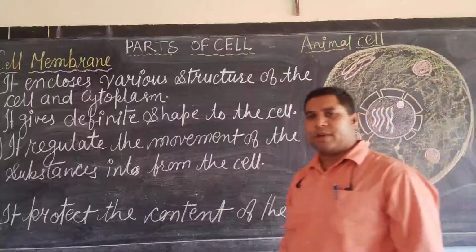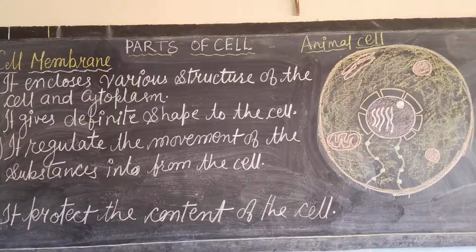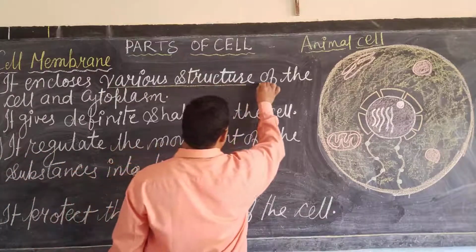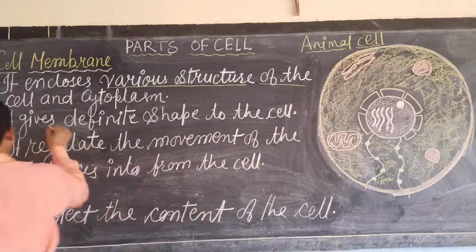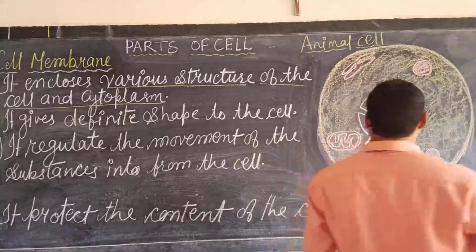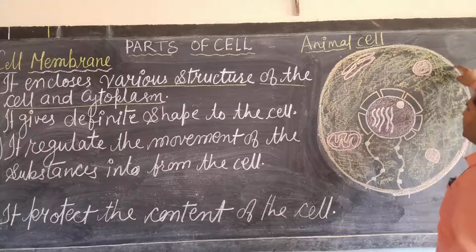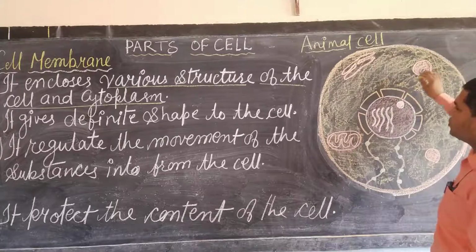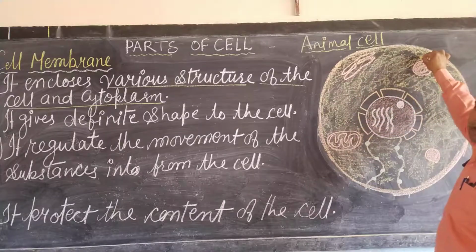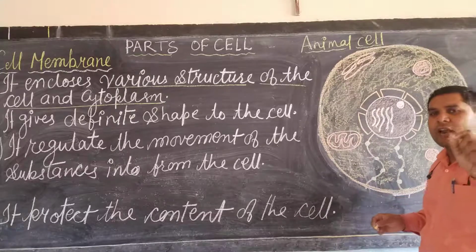So let us know its main function. It encloses various structures of the cell and cytoplasm. Dear student, the animal cell is externally bounded by a membrane known as the cell membrane, which protects the cytoplasm, a fluid medium just beneath the cell membrane, and various structures, or you can say cell organelles.